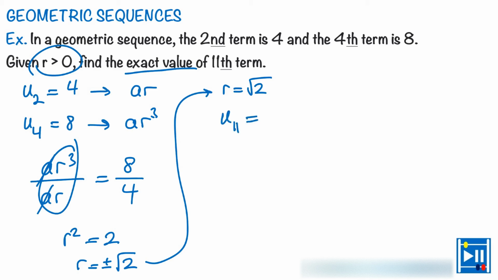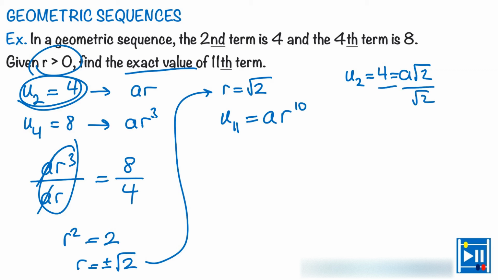Now u11 is a times r to the power of 10. Now I know r, but I don't know a. So let's calculate a. I can use this, for example. So u2 is 4, which is a times root 2, because r is root 2. So if I divide both sides by root 2, I'm going to end up with a being 4 over root 2.